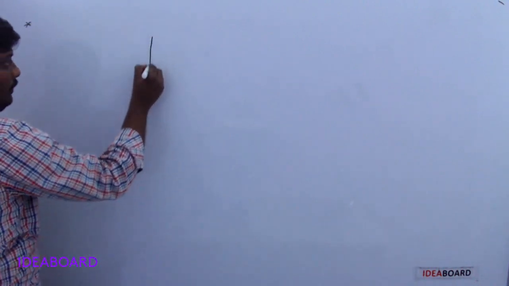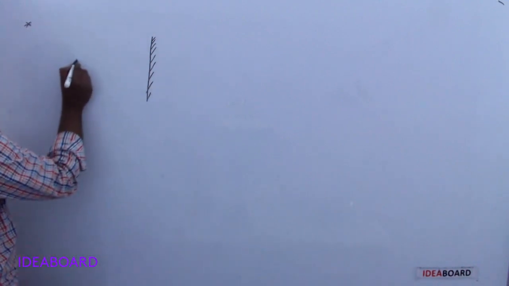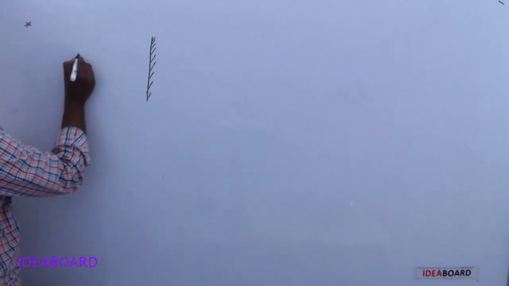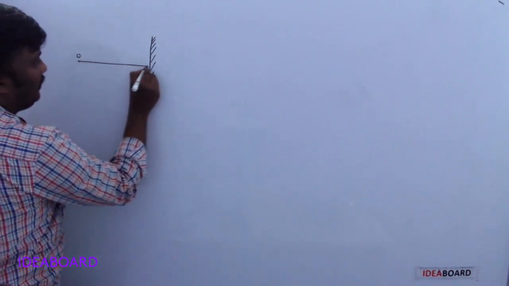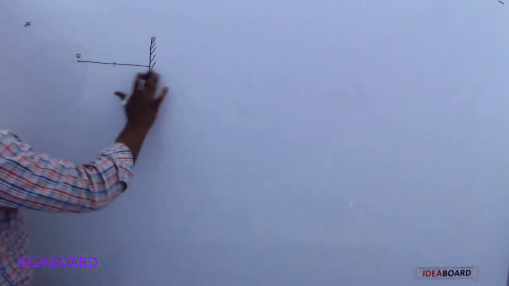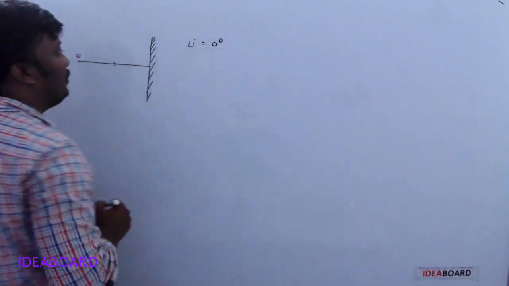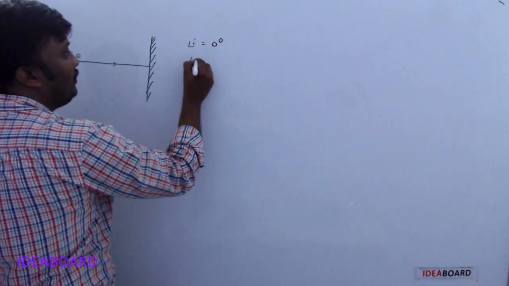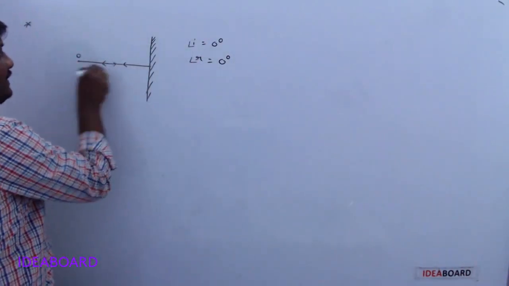Now, we are considering another way. In this concept, let us take a plane mirror, and suppose you take an object here. A ray is incident normally onto the plane mirror. Then we know the angle of incidence value is 0. Whenever the angle of incidence is 0, the angle of reflection is also 0. That's why this ray is reflected back.